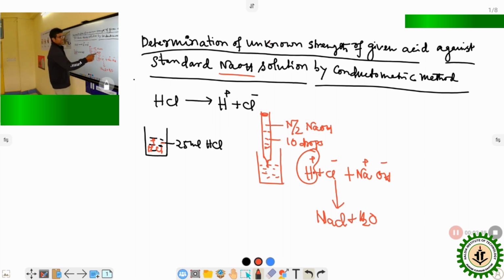So here, the H plus ion, being small in size, has high conductance. Whenever we are adding sodium hydroxide into this HCl solution, this fast moving H plus ion will be replaced by slow moving Na plus ion, because Na plus ion is comparatively larger in size than H plus ion. So the conductance will decrease fast.